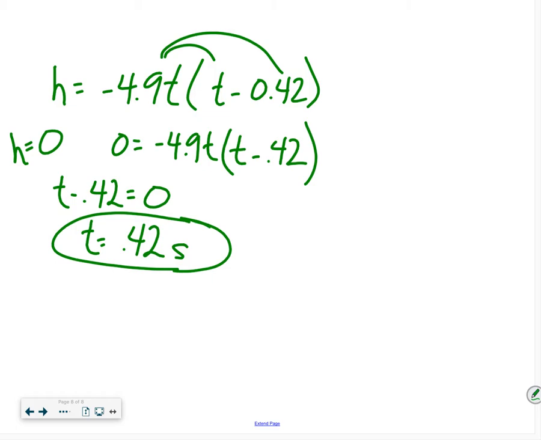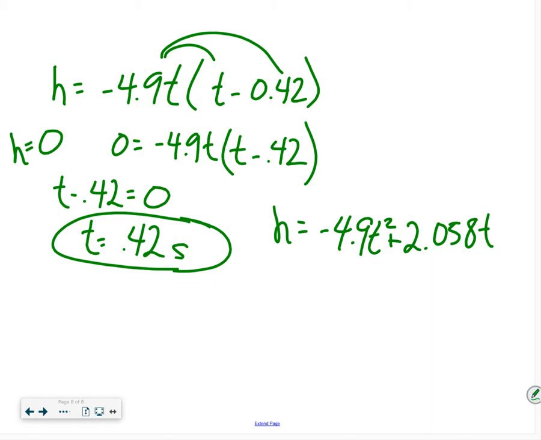If I multiply that out, h equals negative 4.9 t squared, it'll be a plus, anybody multiply that out already? 4.9 times 0.42 is like 2.06. 0.42 times 4.9 would be 2.058. So h equals negative 4.9 t squared plus 2.058 t. That's our standard form of the equation, and I just got that by multiplying that out.